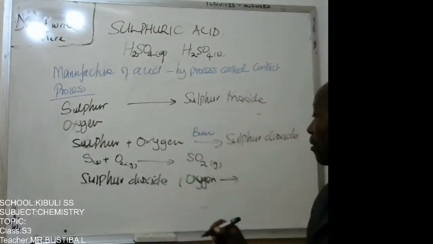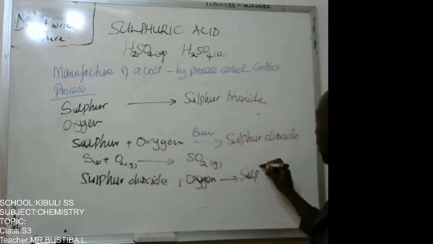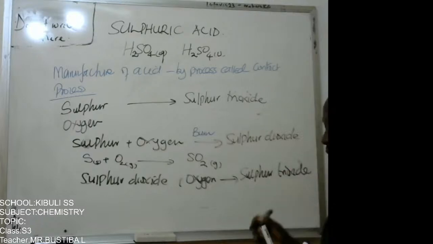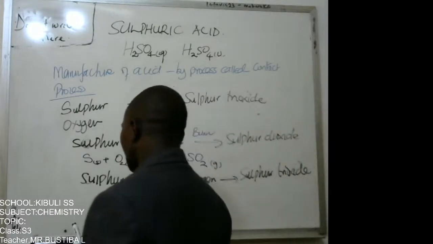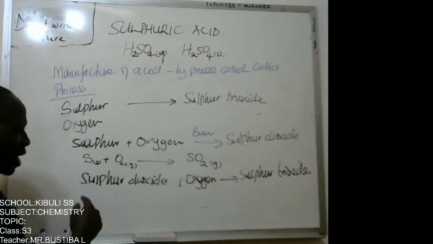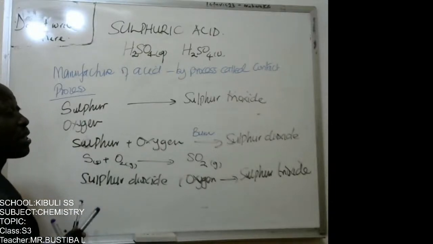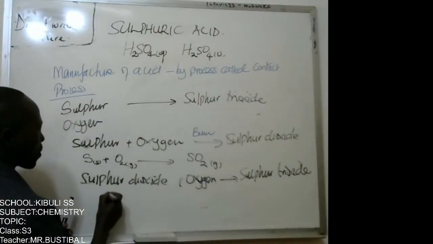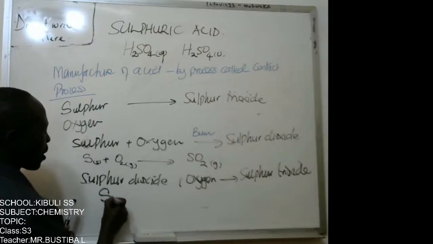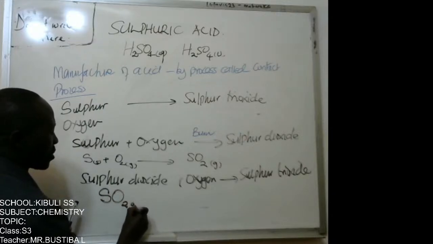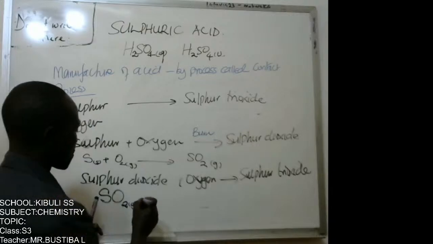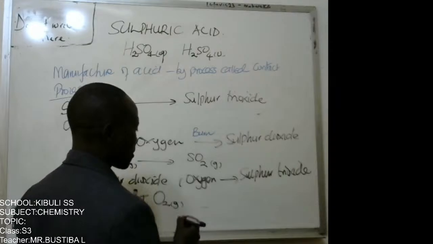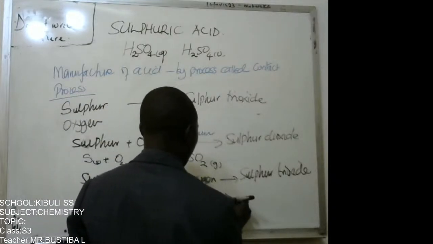So what shall we form now? We shall form sulfur trioxide. You have already noticed, or we have already looked at this scenario, that this reaction proceeds in both directions. In our usual style, now the sulfur dioxide, which is a gas, plus more oxygen in air, which is a gas, what do we form?